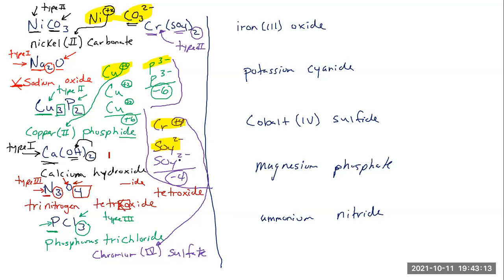The ones that you don't need to put a Roman numeral are the type 1s. And those are the guys that have fixed charges, like in group 1, group 2, and group 3 on the periodic table. Because something, say, like sodium, no matter what the situation is, no matter who it's bound to, the only charge that sodium will ever make is a +1 charge.